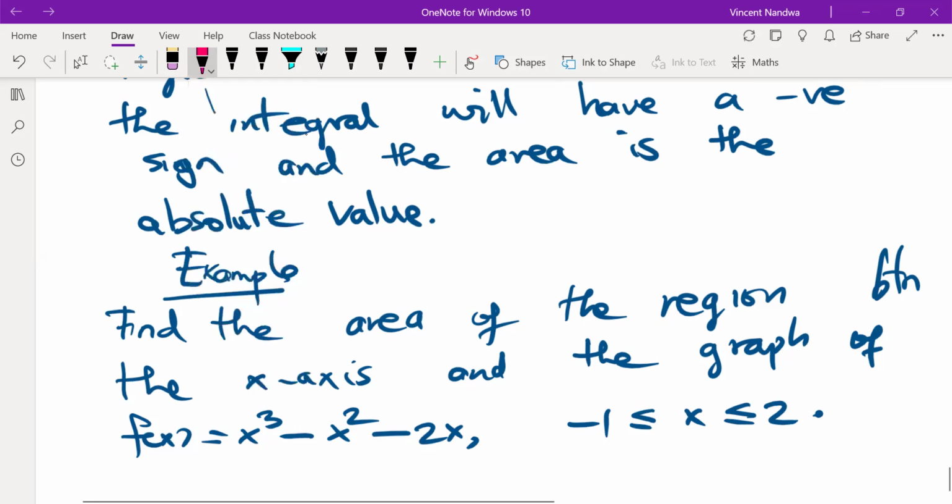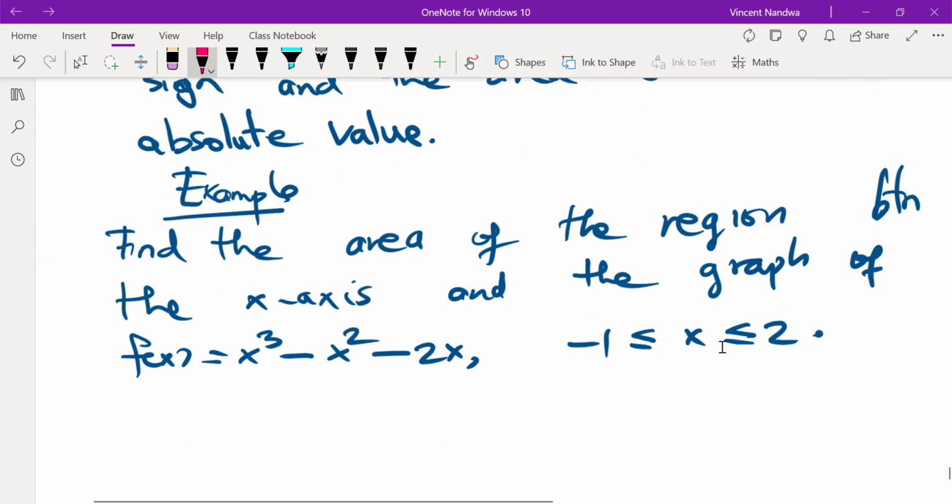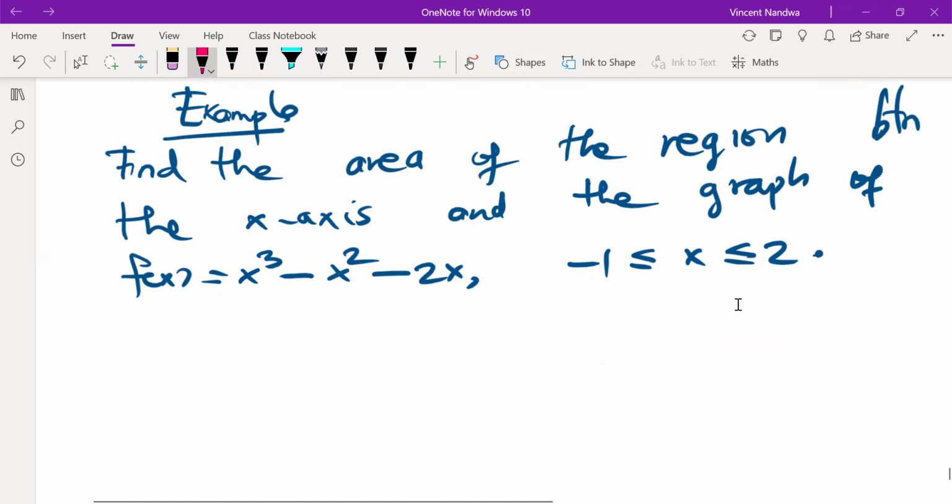So the first thing is to sketch the graph between the interval specified.